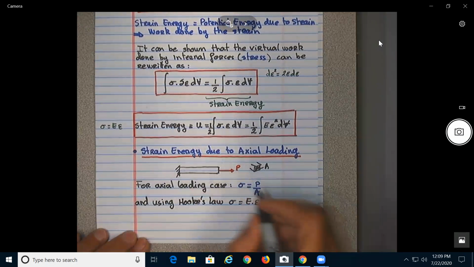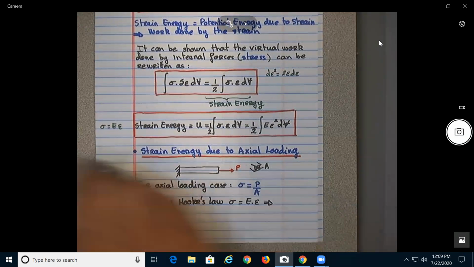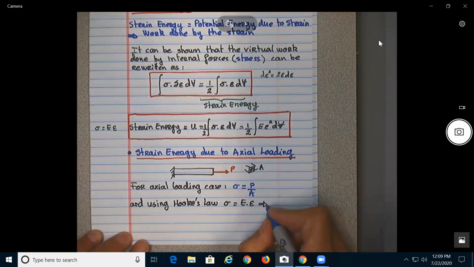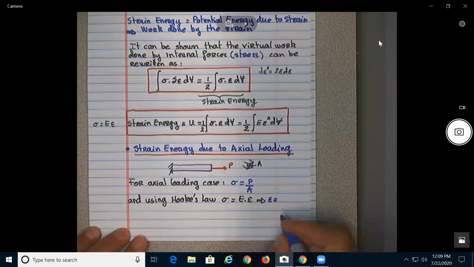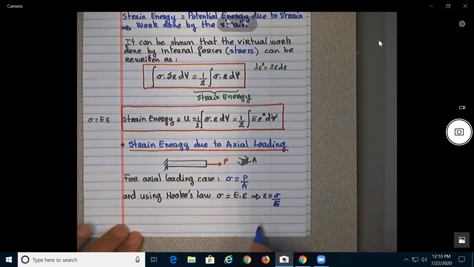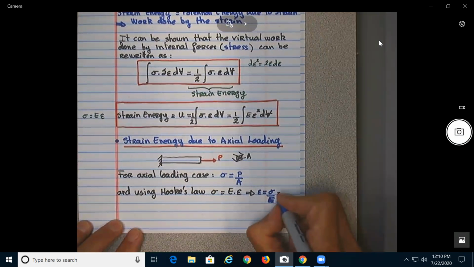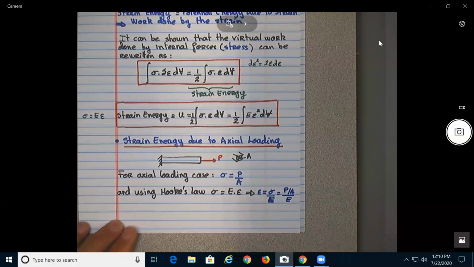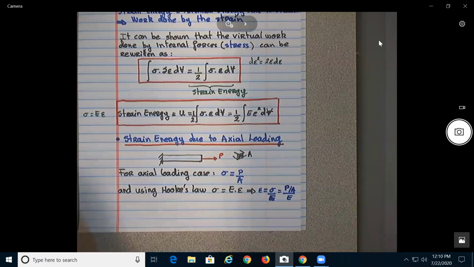We're going to have that the strain is equal to stress over E. Sorry for that, it should be an E over here, which is equal to P over A divided by E. I'm going to the next page, otherwise I'm going to be putting too much.